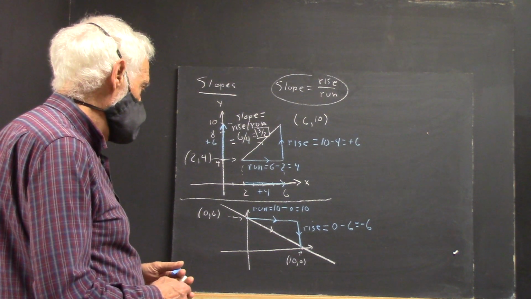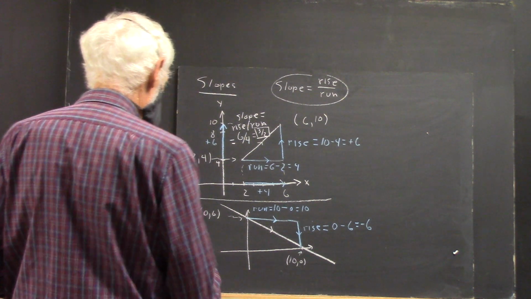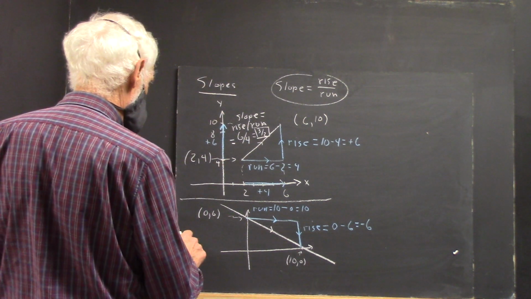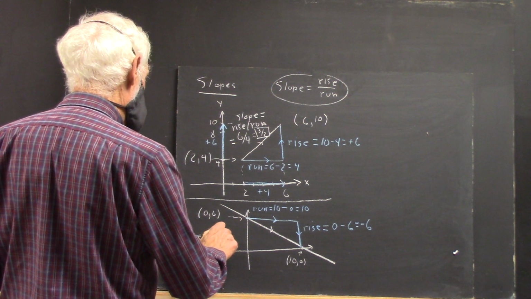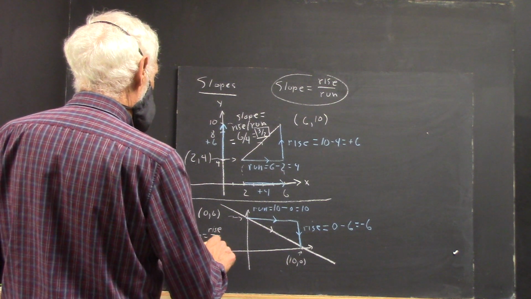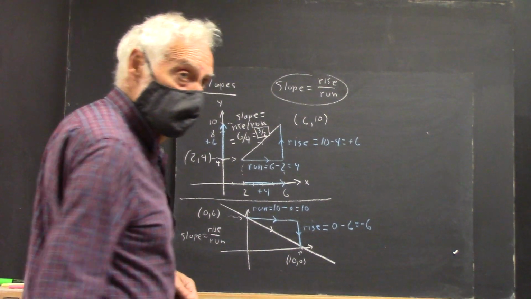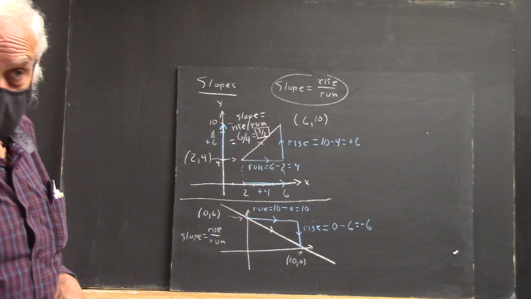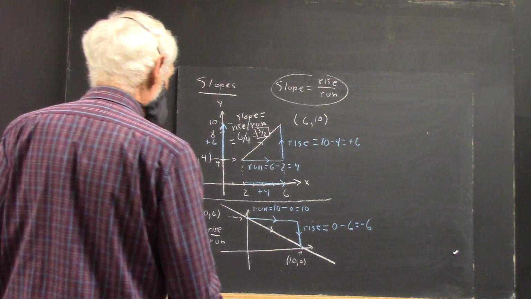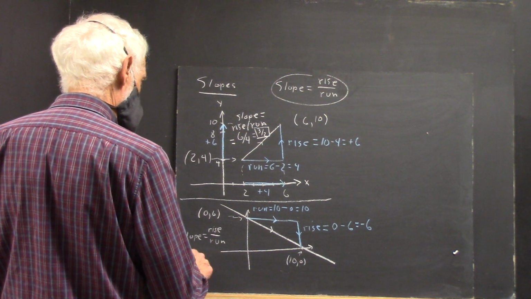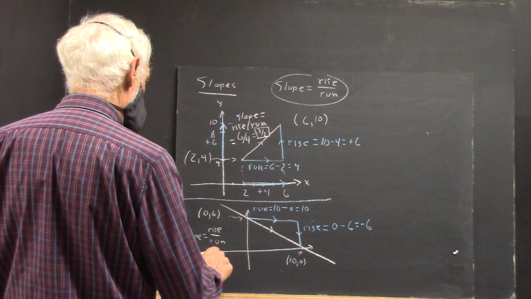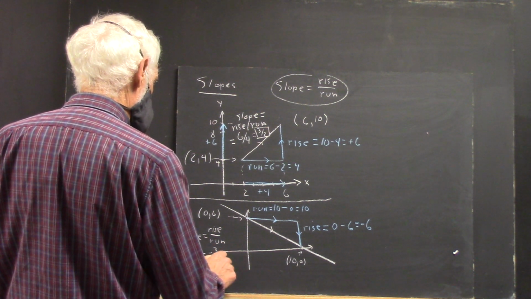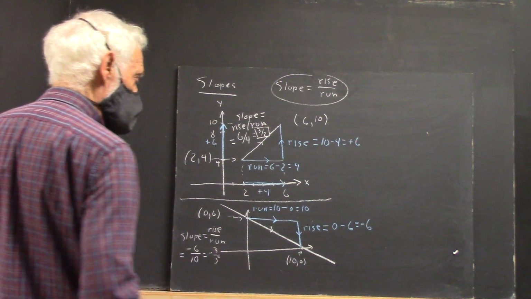Well, then I've got to write it somewhere: slope. This is to reinforce what the slope is. I wanted you to write it down so you're less likely to forget it. Slope equals rise over run, which is negative 6 over 10, which is negative 3/5.